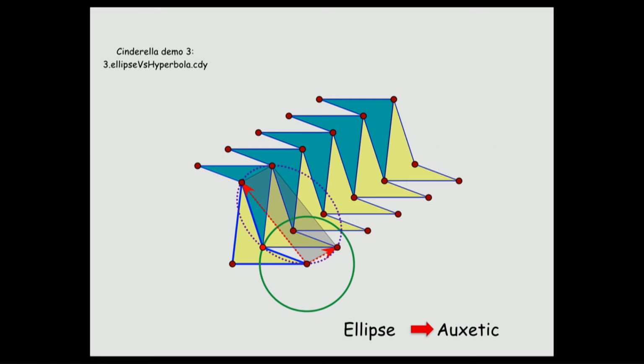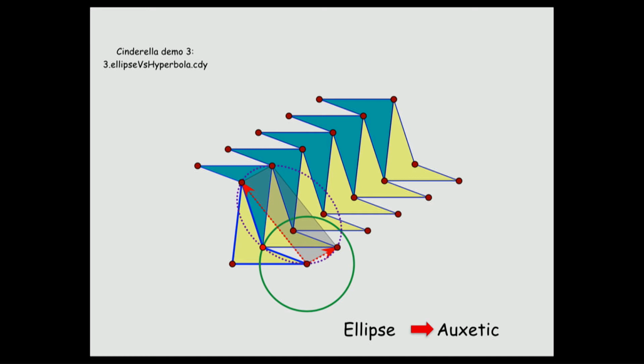Well, I don't have time, but I have a nice Cinderella demo that shows that I can detect auxeticity not only at the infinitesimal level, but on a large-scale motion by tracing certain ellipsoids and hyperboloids, certain conics through the motion.